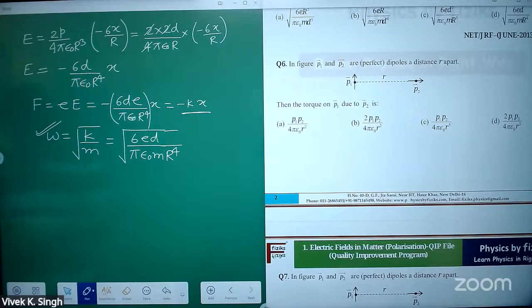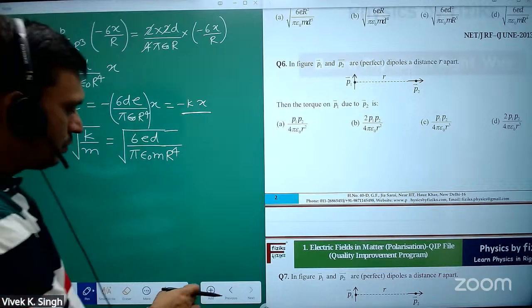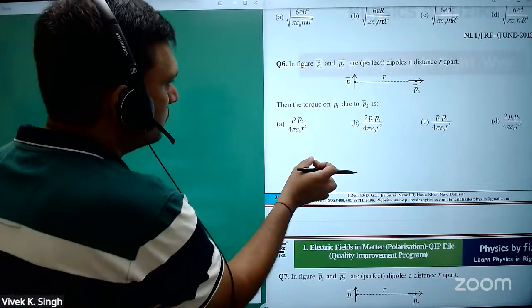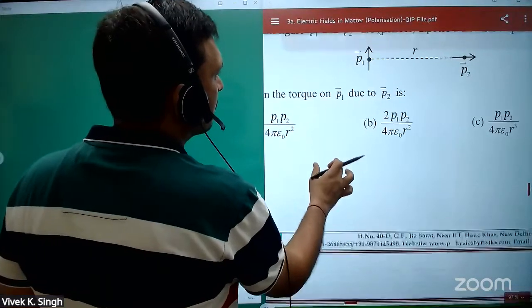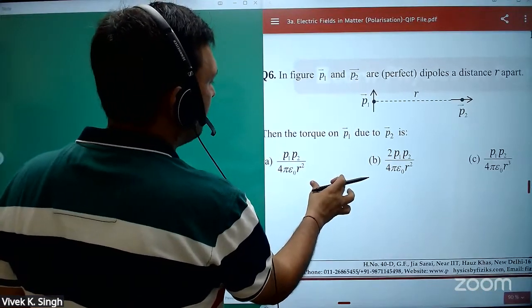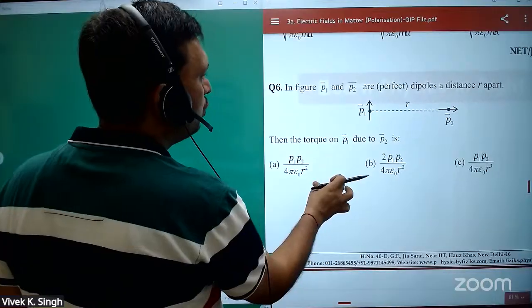Solve question number 6. So now see, in this question, you have two dipoles.